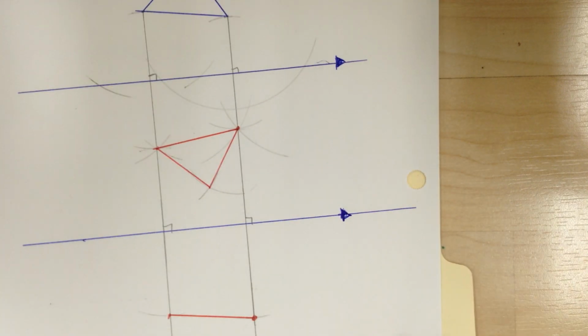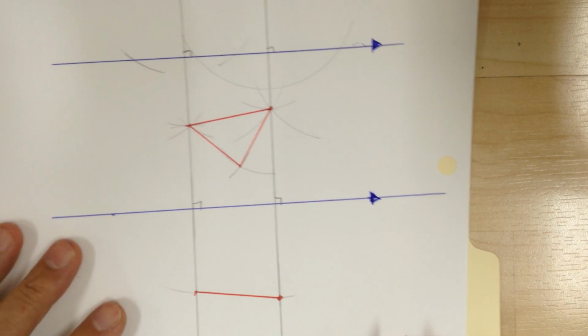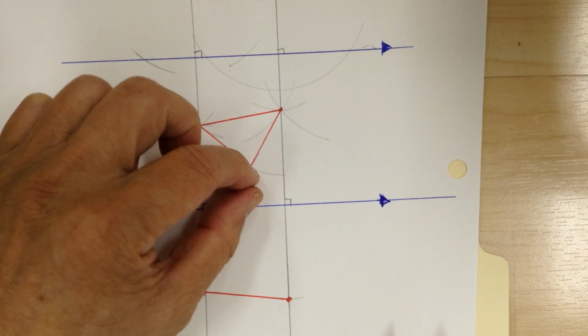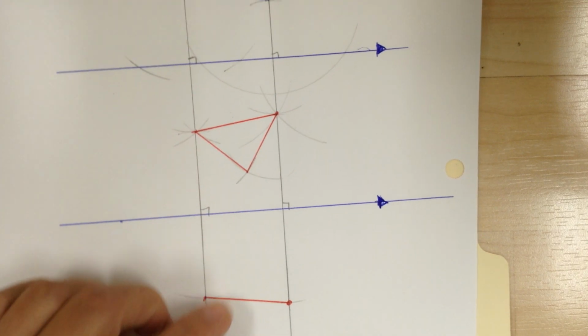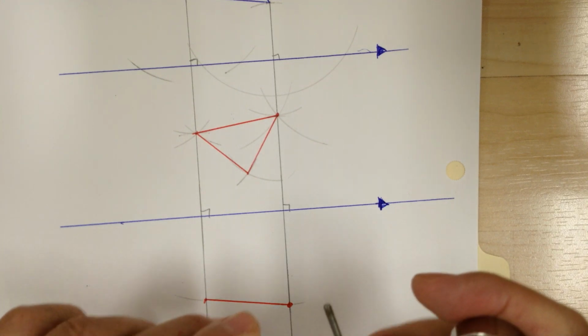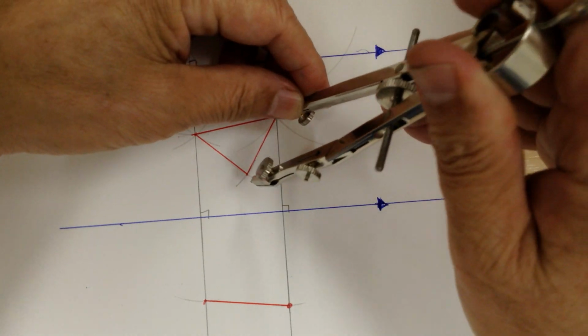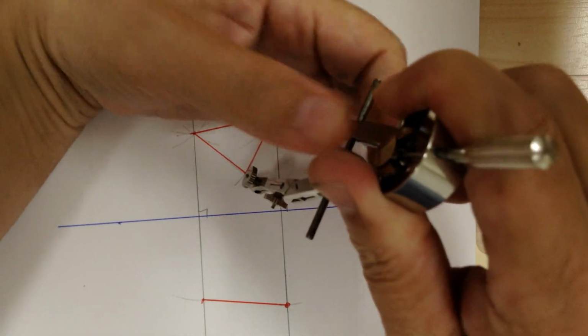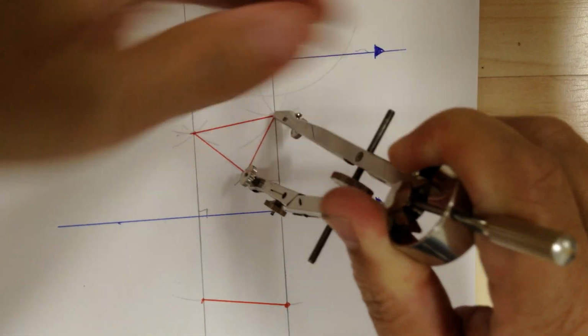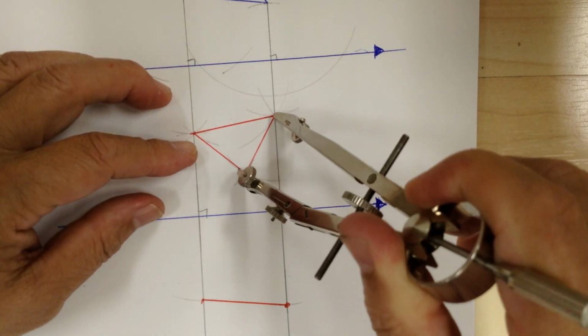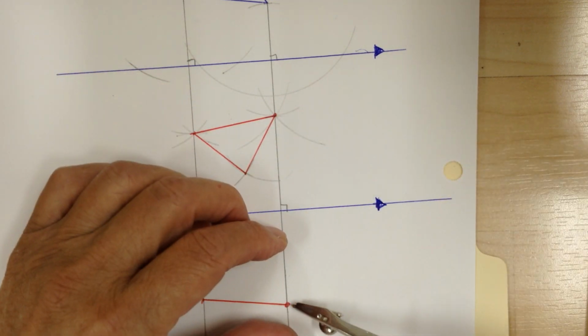And now this distance, notice this is closer, so it's going to be right up here. So then you can just copy the distance. We're going to copy this distance right over here.